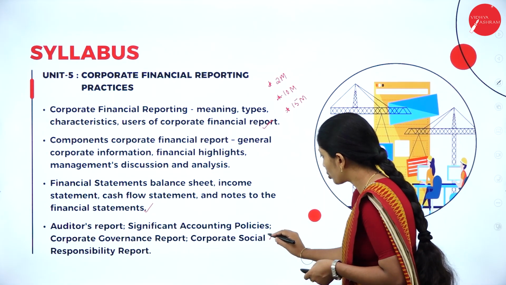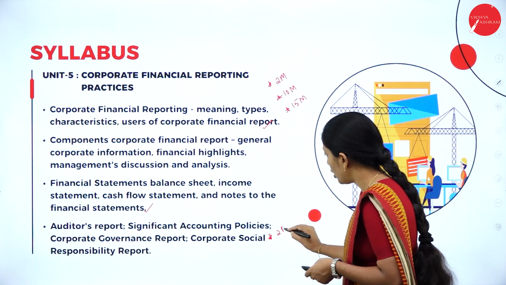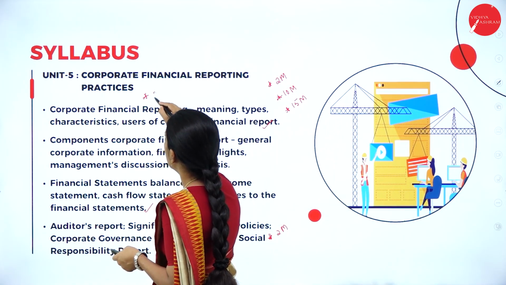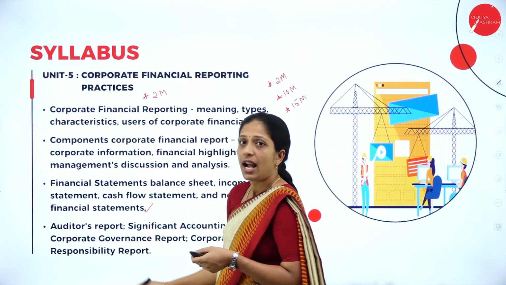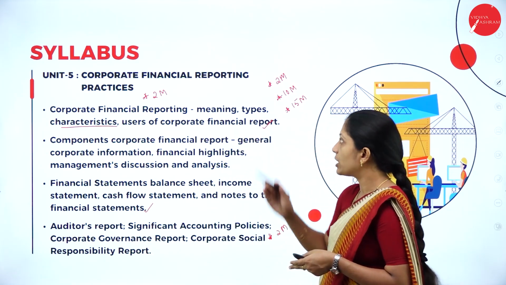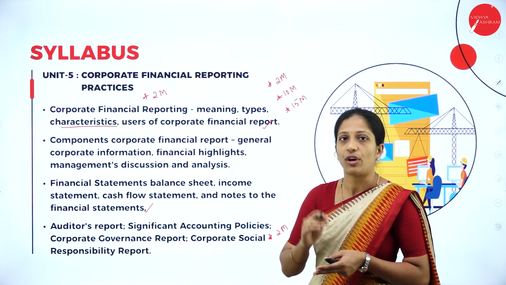This corporate social responsibility report they have asked for 2 marks, and here also the meaning of corporate financial reporting itself they have asked for 2 marks, and they might ask the meaning and characteristics of corporate financial reporting for 10 marks.